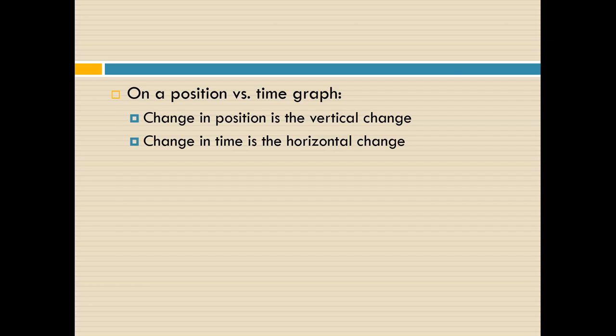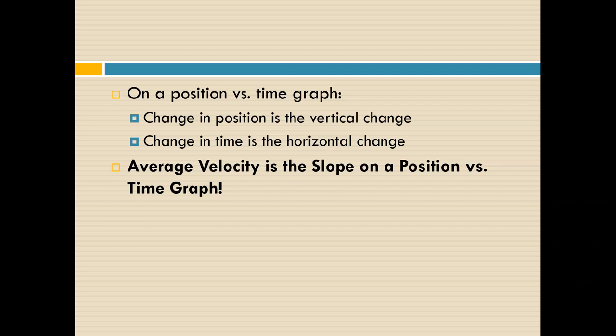The change in time is going to be a change along the horizontal axis. From 1 second to 3 seconds is going to be a run, if you will. So delta x, the change in position, is the rise. Delta t, the change in time, is the run. Therefore, the average velocity is the slope on a position versus time graph.